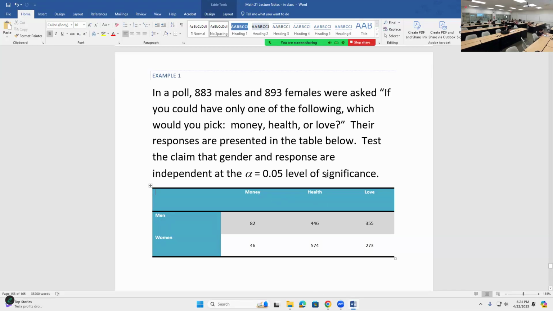But they're grouped like this, and so we're gonna treat these as our groups. The groups are gonna be the people that said money, the people that said health, or the people that said love. And the categories are gonna be who responded with what. Okay, we're gonna go and put this in StatCrunch. I already have it in there, but for those that are writing down, we'll let you write it down.